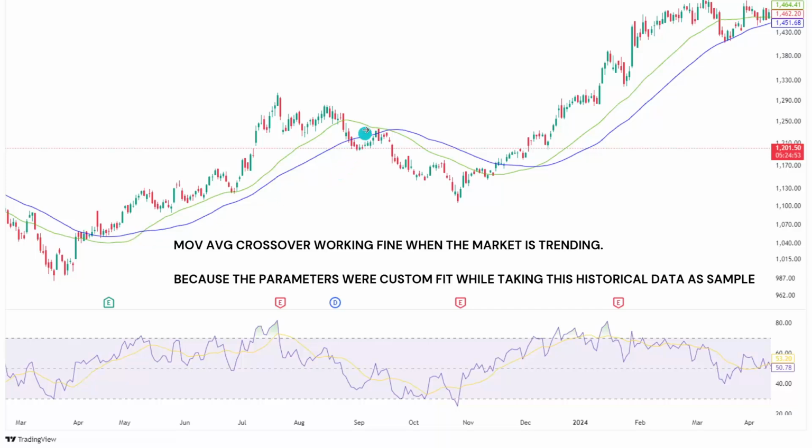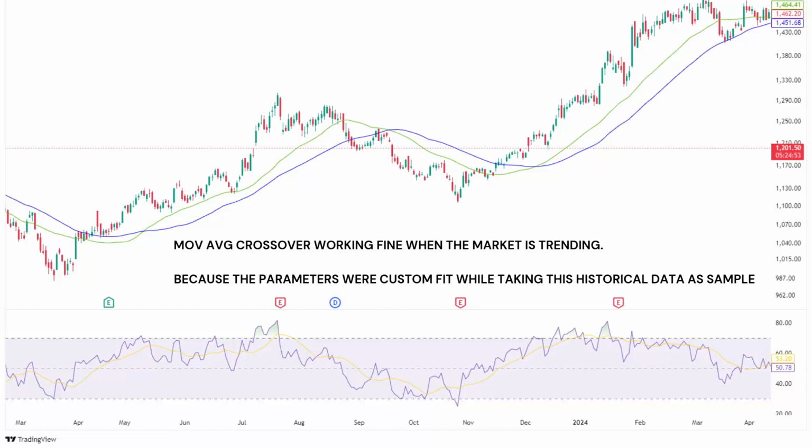In this scenario, the trading setup has given you a good amount of money, and somewhere over here it has captured a decent run on the downside, and again we have a beautiful uptrend. So if you are backtesting a particular trading setup, say for example in the last 2 years, 2023 and 2024, it will give you a false impression that the trading setup is amazing and giving you a lot of money.